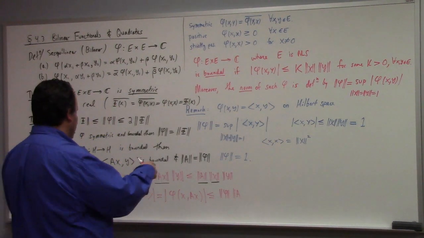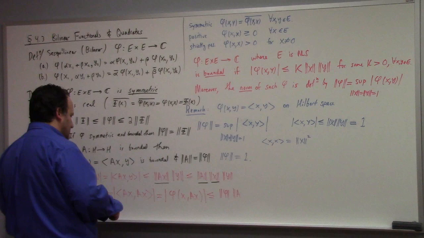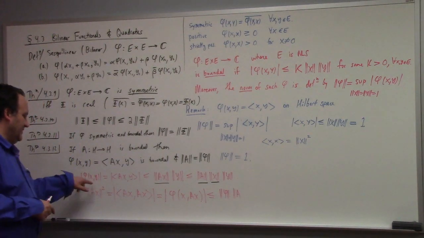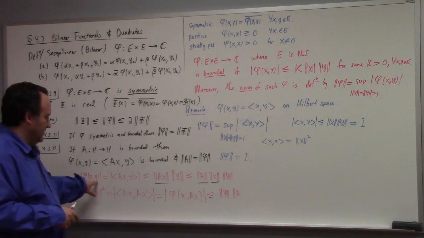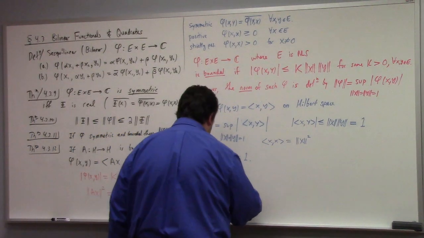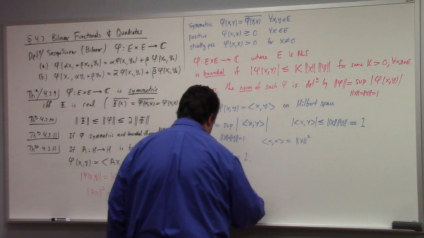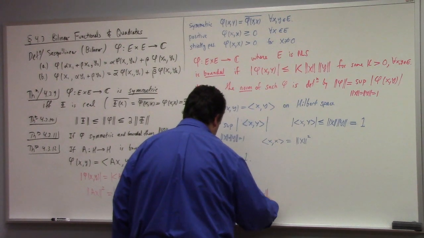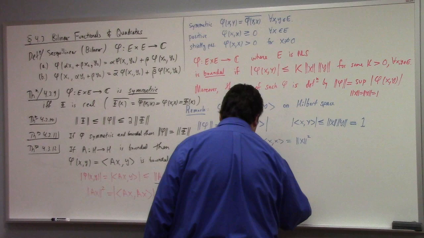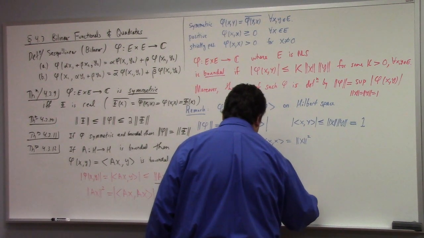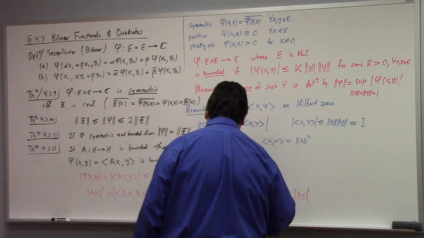Oh, so just using the thing right above. See, if I put x equal to Ax and y equal to Ax, that gives me this here, which of course is equal to the norm of phi times the norm of Ax squared.